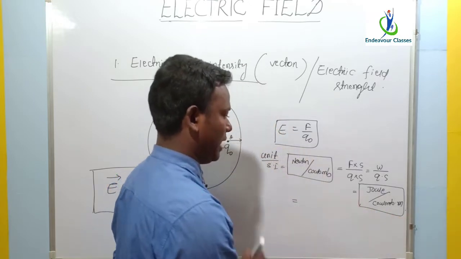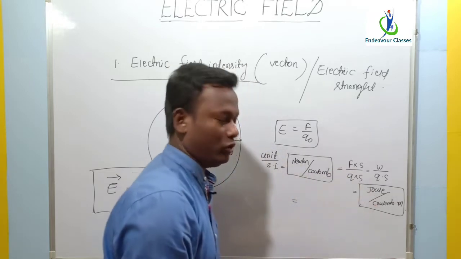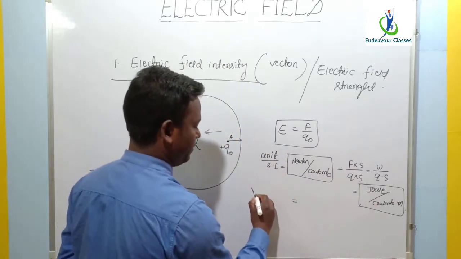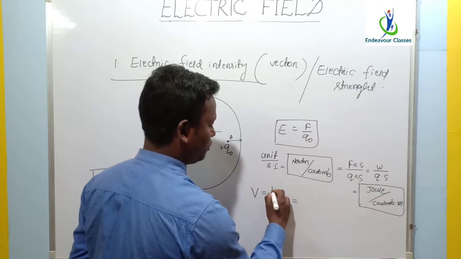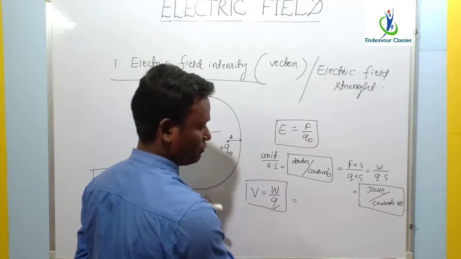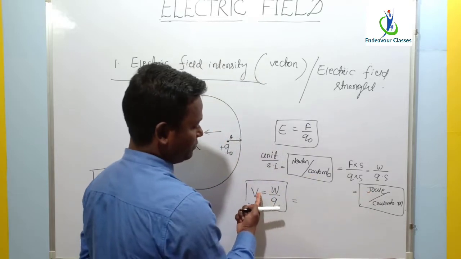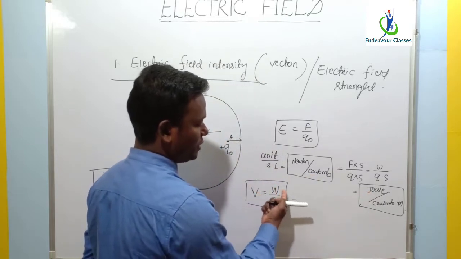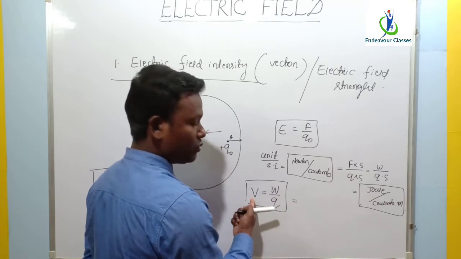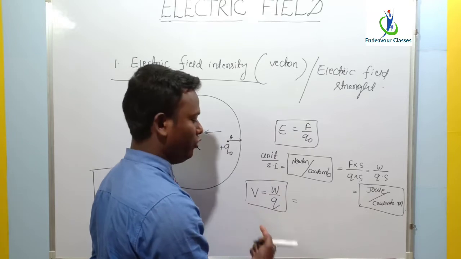But we also know, as we will study later, that joule per coulomb is volt, because the potential V is equal to work done per charge, V is equal to W by Q. So joule per coulomb is equal to volt. The SI unit of potential difference is volt.